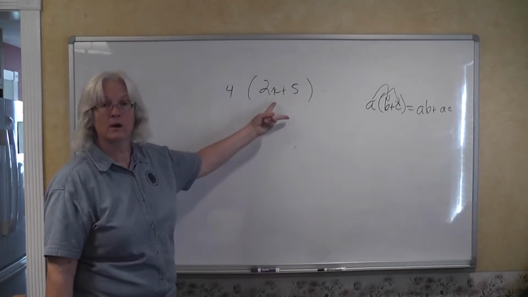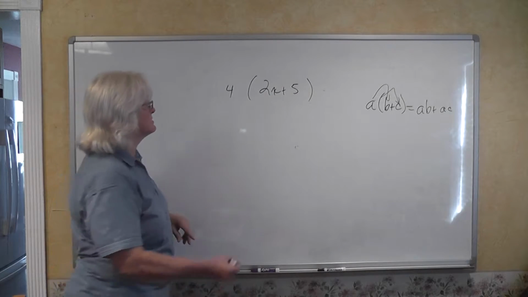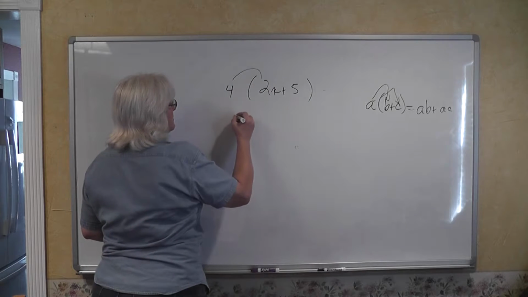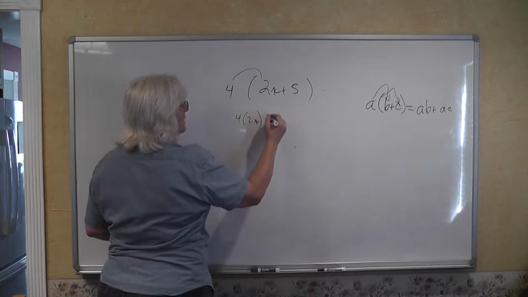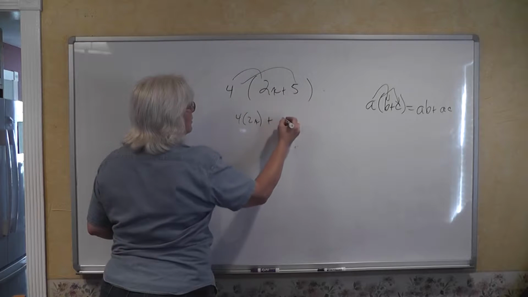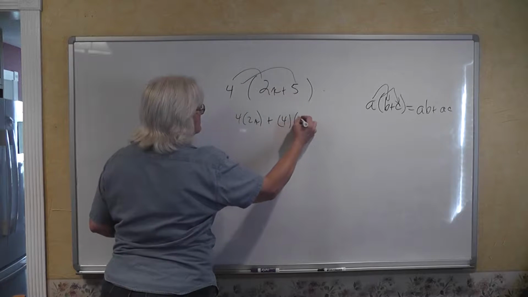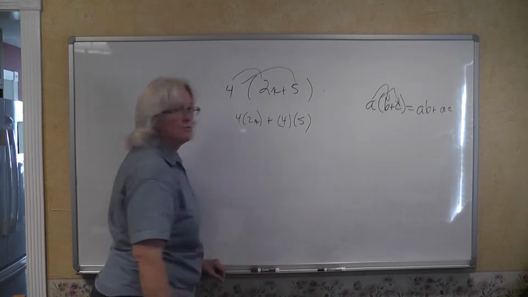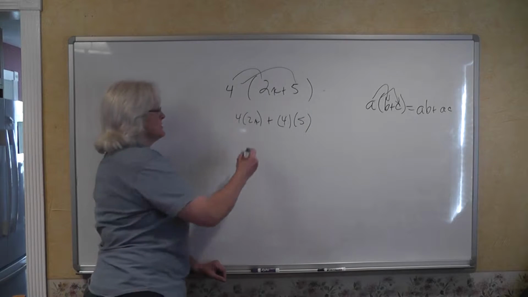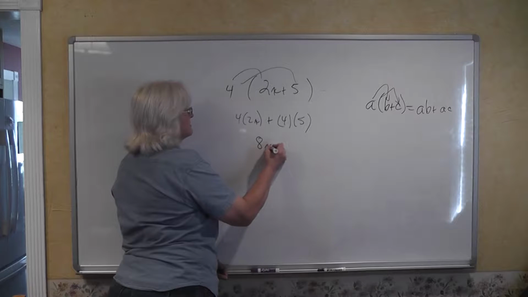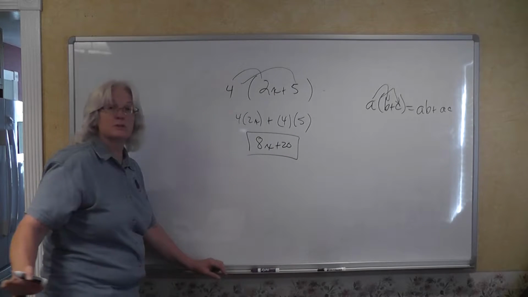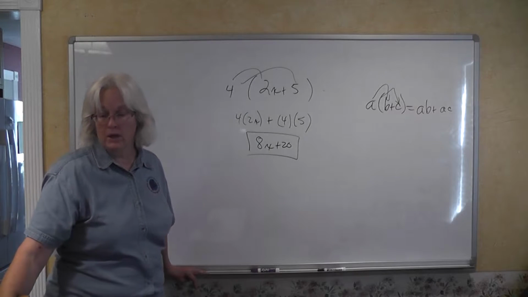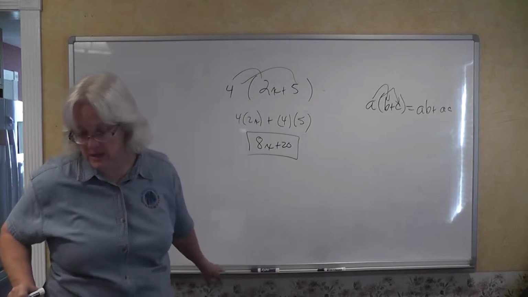So 4 times the quantity 2x plus 5 is going to be 4 times 2x plus 4 times 5. 4 times 2x, 4 times 2 is 8, x plus 20. So this is what we're going to be doing with removing parentheses.